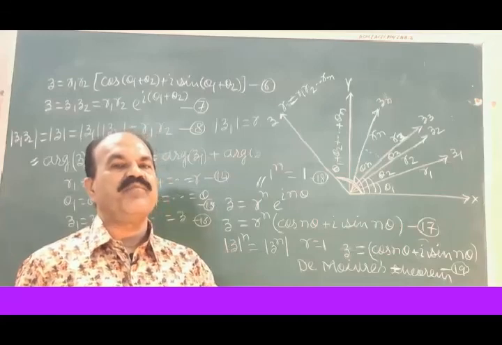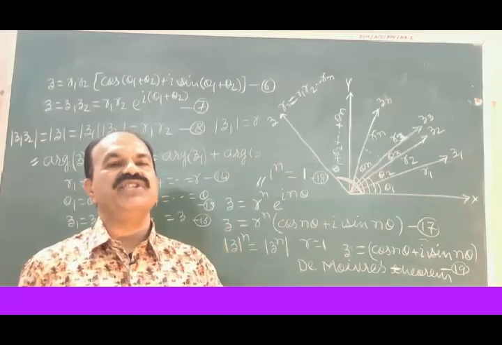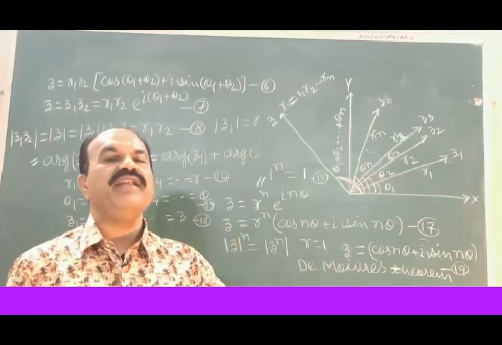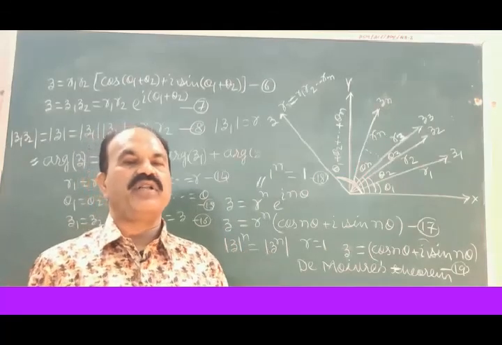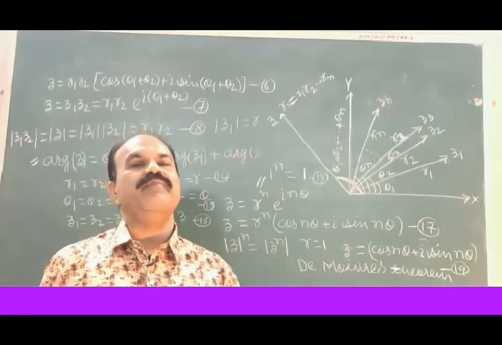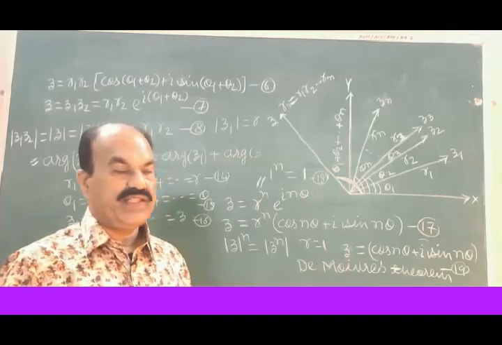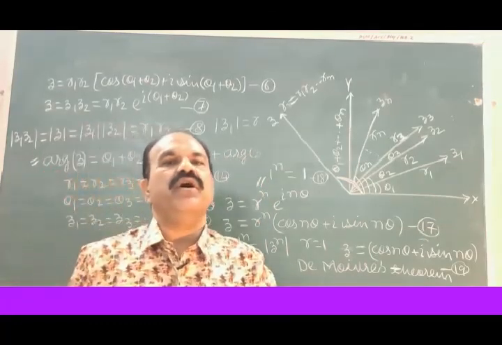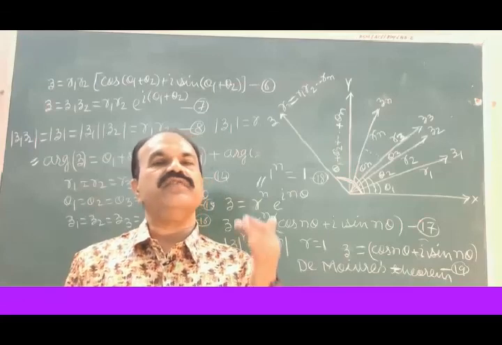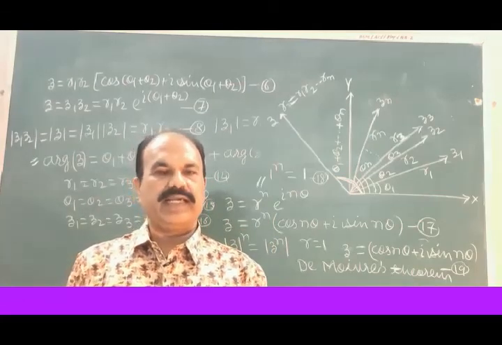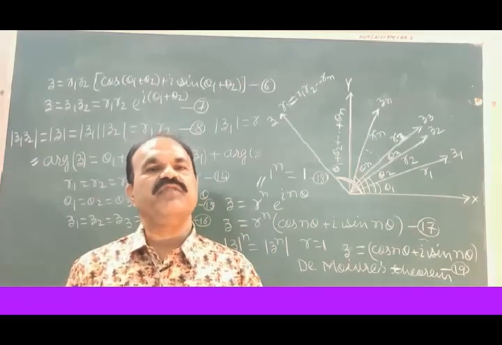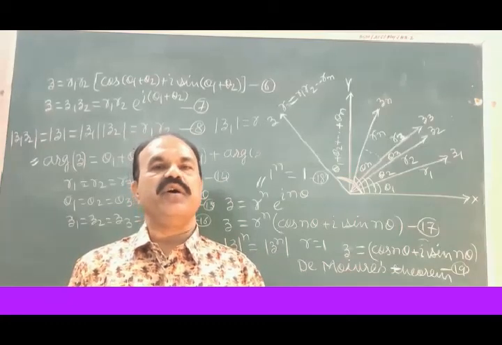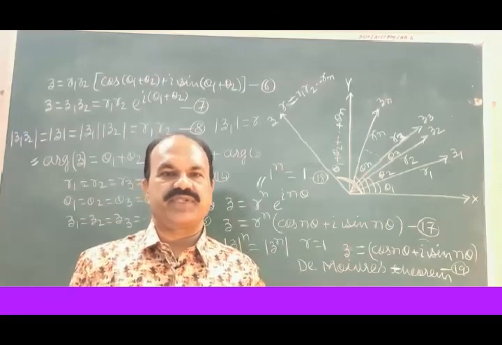De Moivre's theorem for positive exponent can be derived when we are taking product of n complex numbers. This is about graphical representation of product of complex numbers, graphical representation of multiplication of complex numbers.